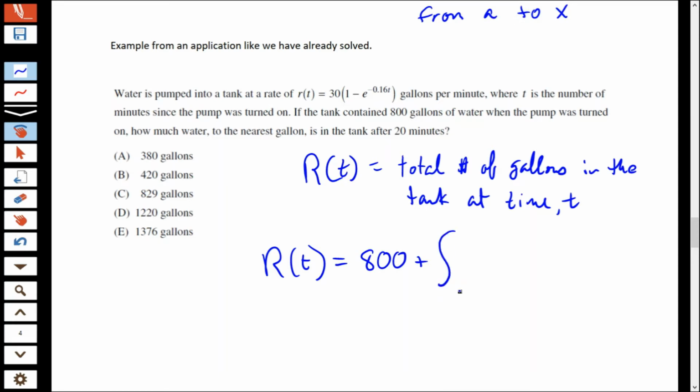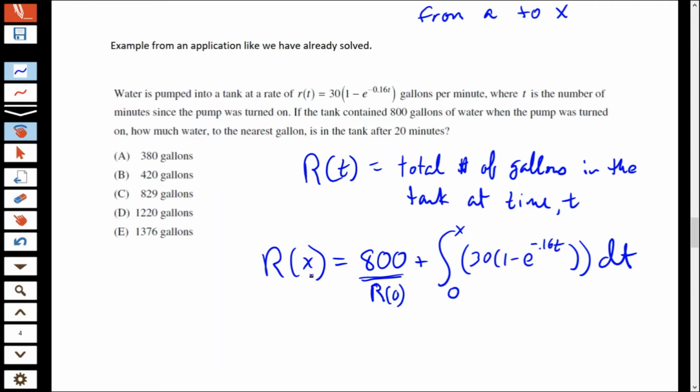And when did that happen? At 0, right? And we're going up to a time of t. Well, I should be using x here because I'm going to use t inside the integral. So after x minutes, and this is going to be 30 times 1 minus e to the negative 0.16 t dt. Okay, so you've got your initial condition here, that's your initial y value, that is your R of 0 from what they gave you, and our integral is from 0 and so on.